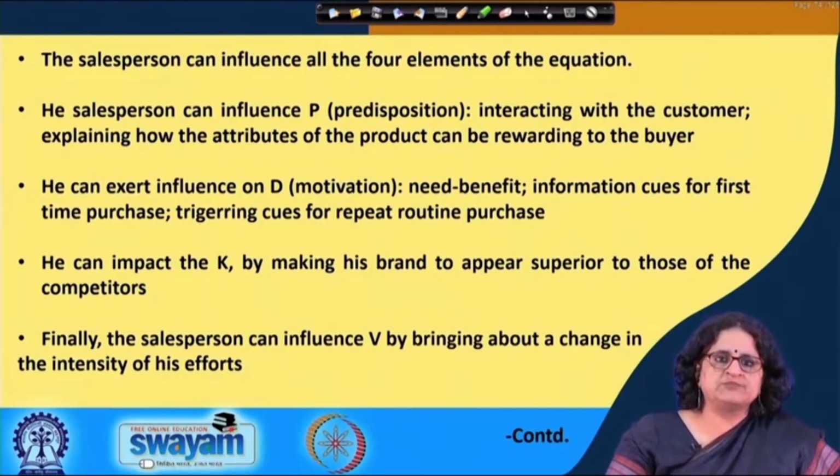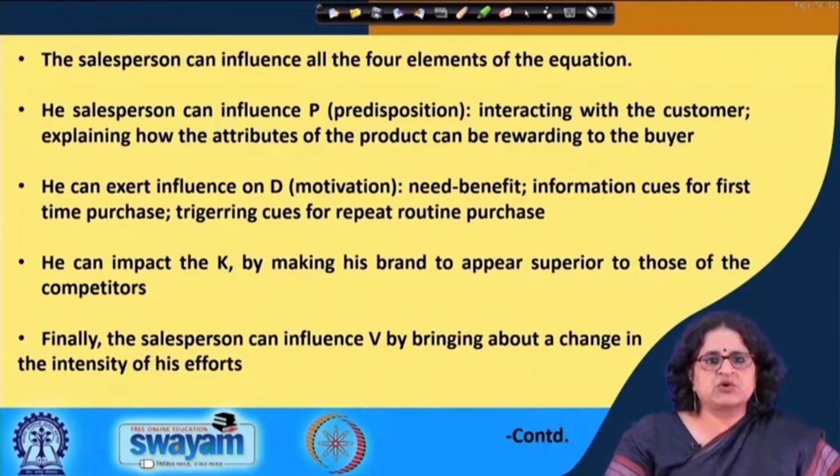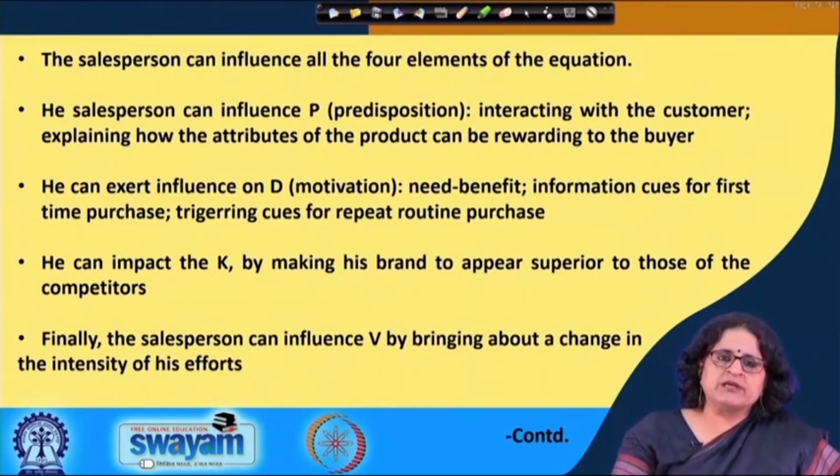He can actually increase the level of motivation, or have an influence on D, which is motivation, in case of repeat and routine purchases. He can also influence the triggering cues, which again would increase the level of motivation or D. Similarly, he can impact the K by making his brand appear more superior to those of the competitors, and so in this way he would be talking about the incentive potential.